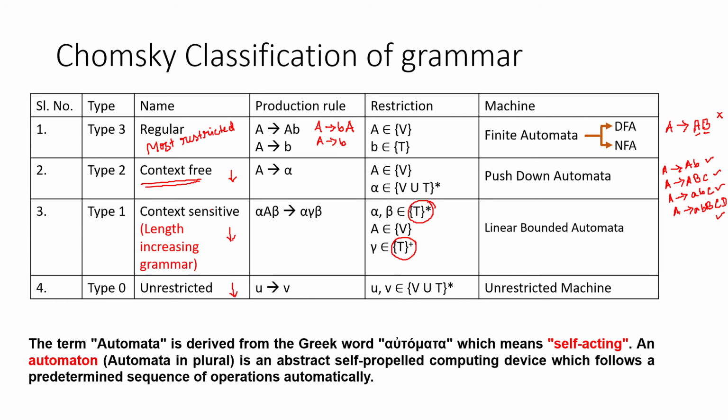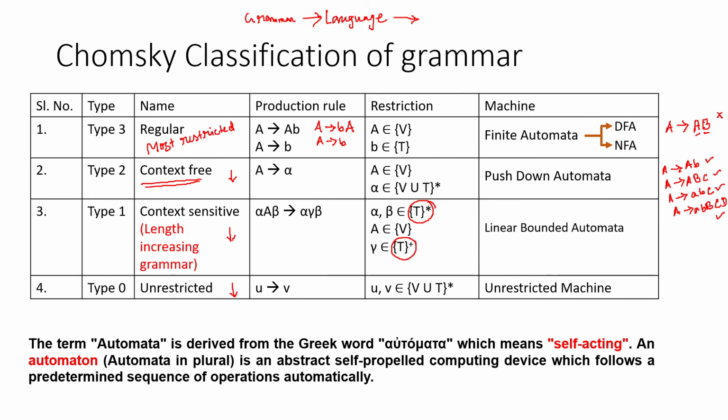So suppose we have a language here, some language which is generated by some grammar, right? But the question is that this language has to be accepted by something also.